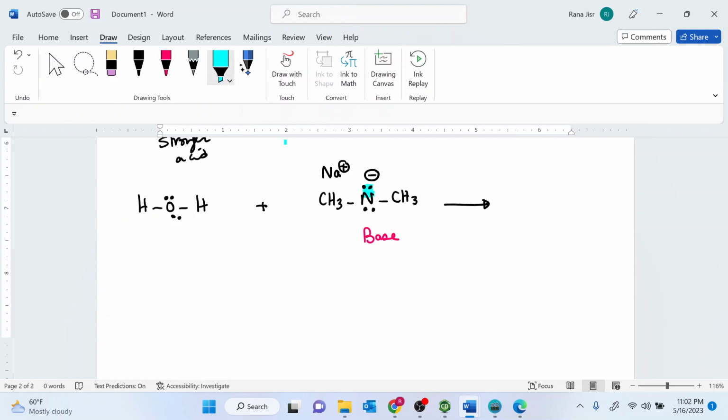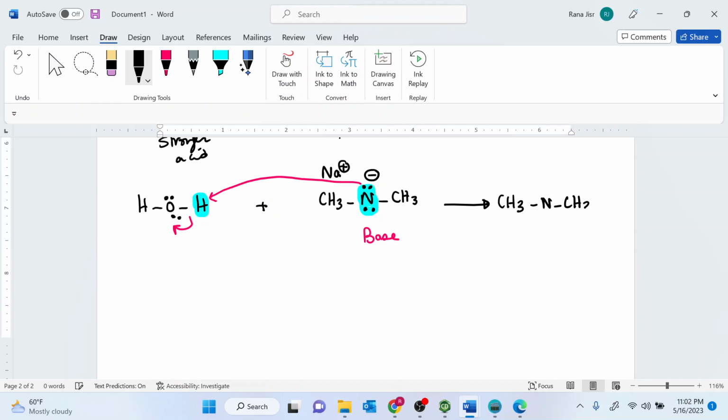So if I have the nitrogen to be my basic source, then definitely now water is going to act as an acid from the hydrogen. So this is going to be my acid, and the arrow is going to start from the base. It's going to take the acidic hydrogen and add electrons to the oxygen. So you're going to end up getting your conjugate acid in this case.